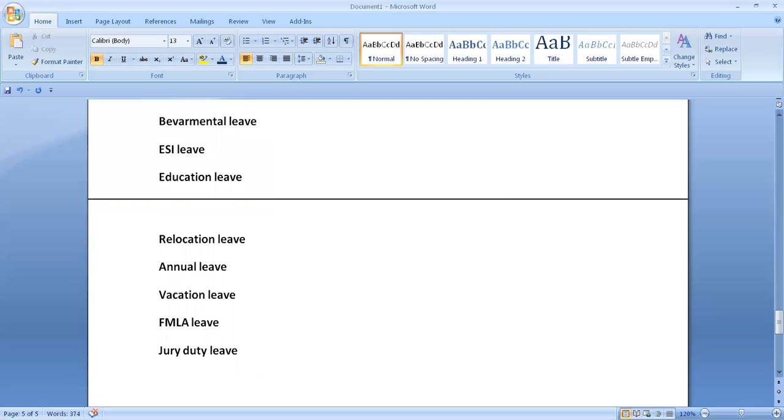Okay, so these are some of the examples of leaves.